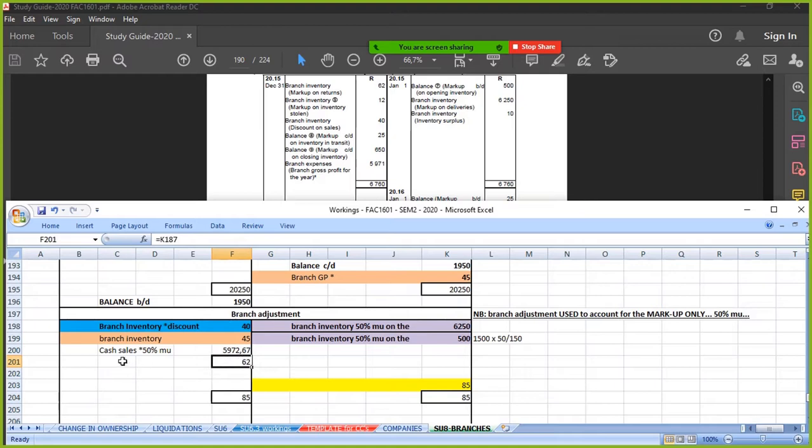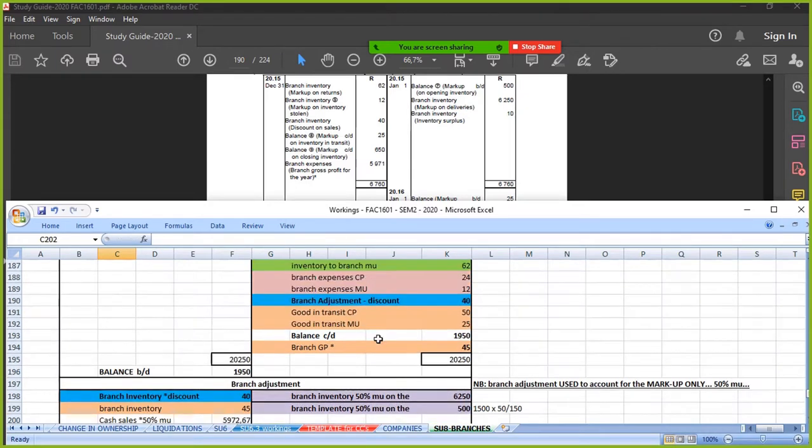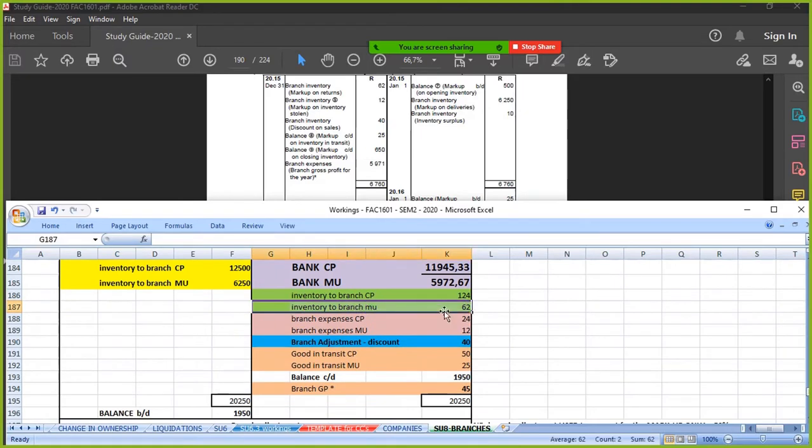Needs to go there. Okay, this was inventory to the branch. Well, from the branch inventory. Also 50%. Okay, let me actually write down what this was for. This was for the returns. Okay, so I've got the 62. There's my 62. All right, what else do I have here?